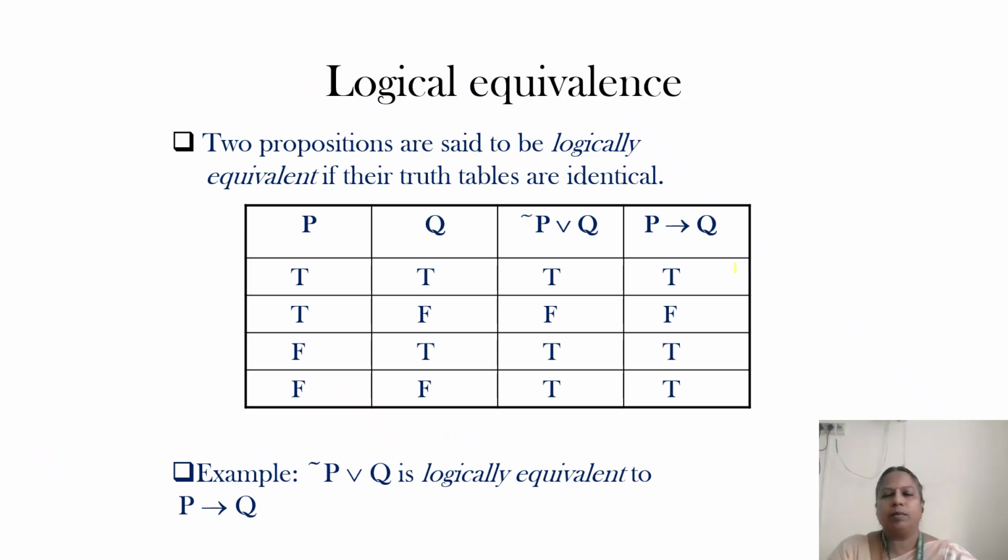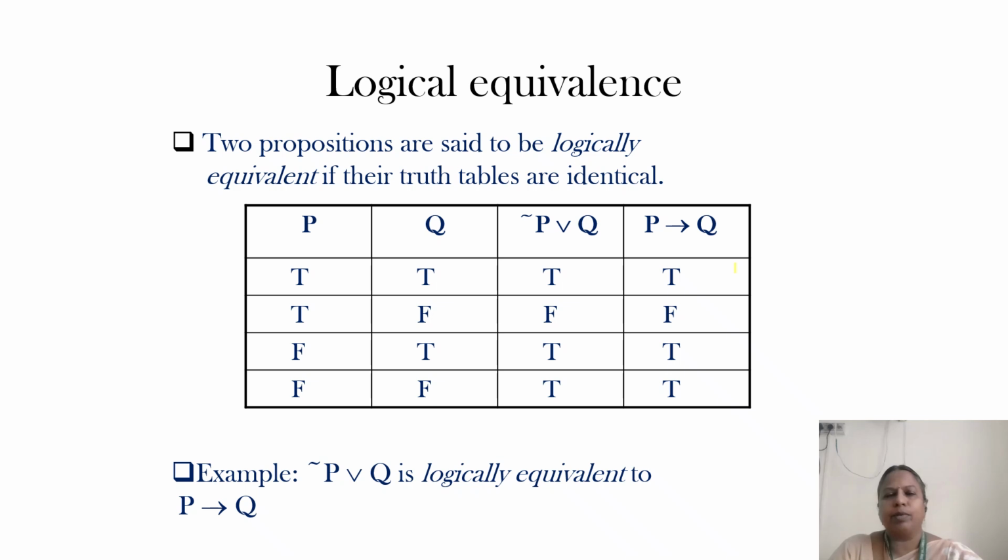Now, using the propositions, we can find out equivalences without using the truth table technique also. Two propositions are called logically equivalent if, for example, A is a compound statement and B is a compound statement, then A is equivalent to B if and only if A biconditional B is a tautology.